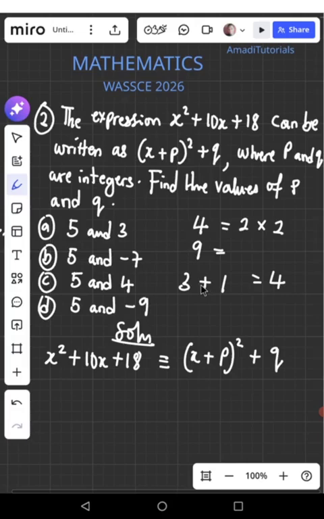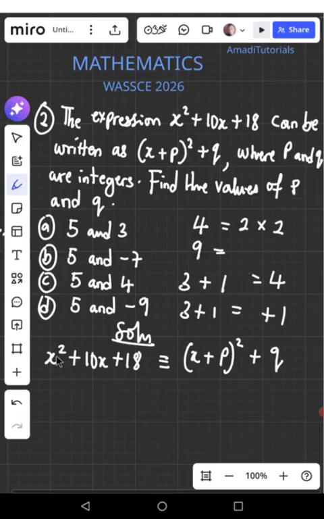So if you want to make 3 a perfect square, you have to add 1 to it. 1 is that number that when you add it, makes a perfect square. But mind, you have to also add 1 to the other side of the equation so that you don't change it. Why am I explaining this? Okay, let's come back here so that we see.